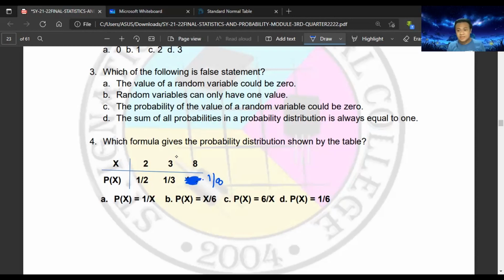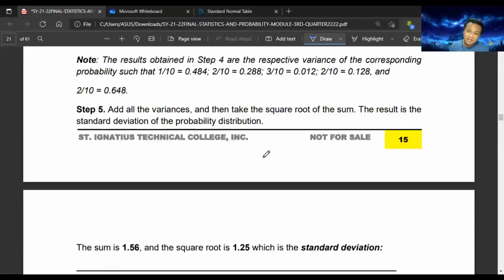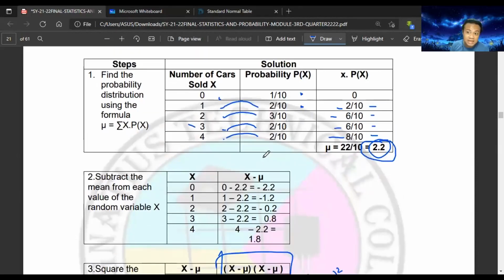Sir, how do we know that our answers for the mean, standard deviation and variance are correct? Okay, so I will teach you a calculator technique right now. Let me share the calculator.